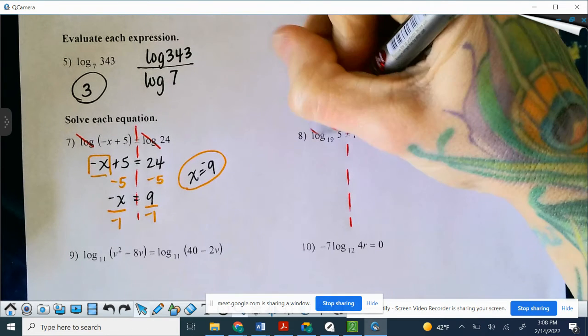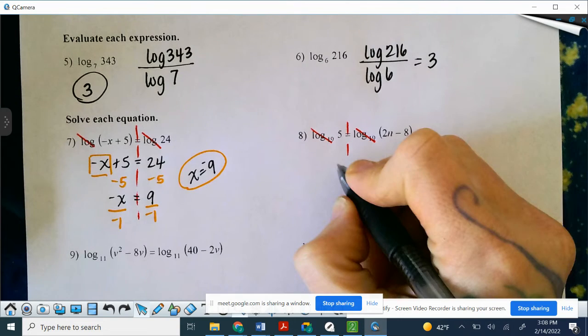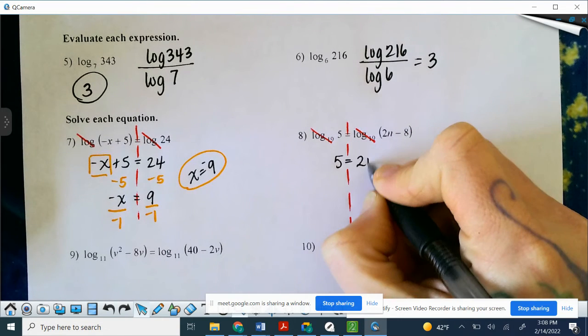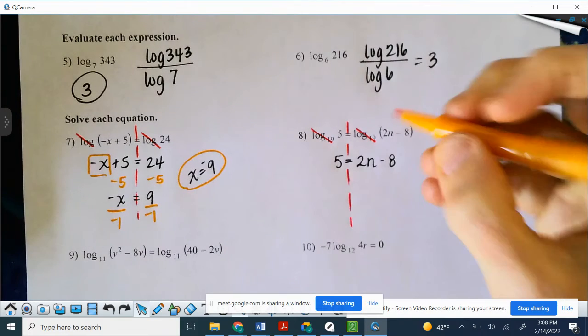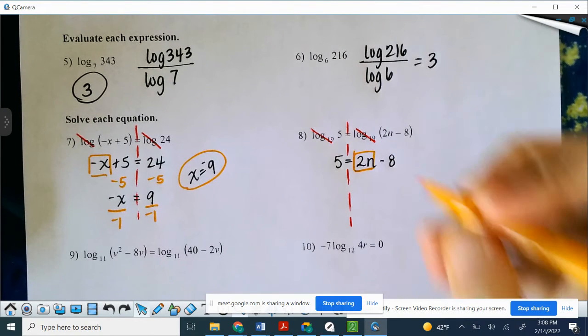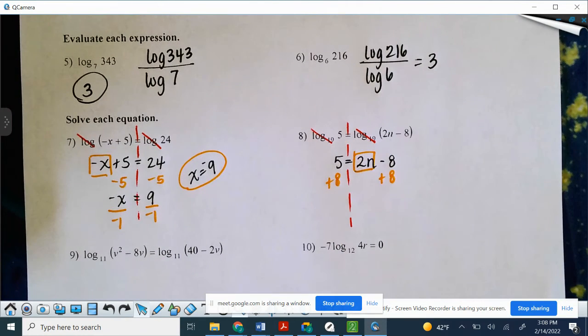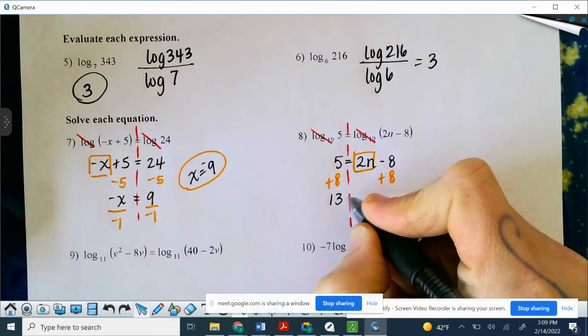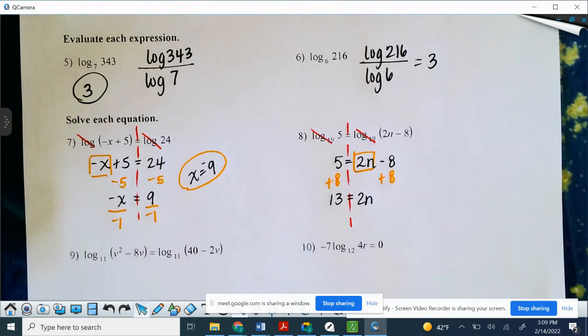So log 19 can go away altogether and you are going to solve 5 equals 2n minus 8. So again, back to that just pretty basic equation. We need 2n by itself. So we're going to add 8 to both sides. Gives me 13. 2n is 2 times n.